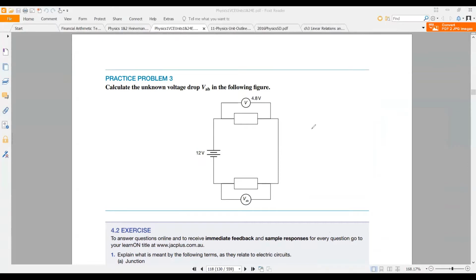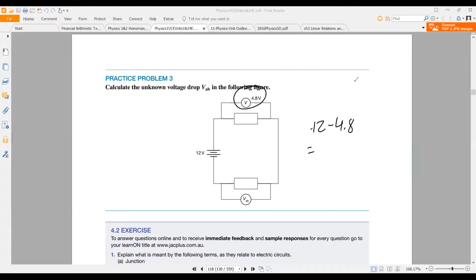This one here, if I've got 4.8 volts being used here, and I've got 12 volts as the total, then I need to make sure that I get to 0 by the end. So 12 minus 4.8, that's going to give us, oh, I can't do this in my head. 7.2.